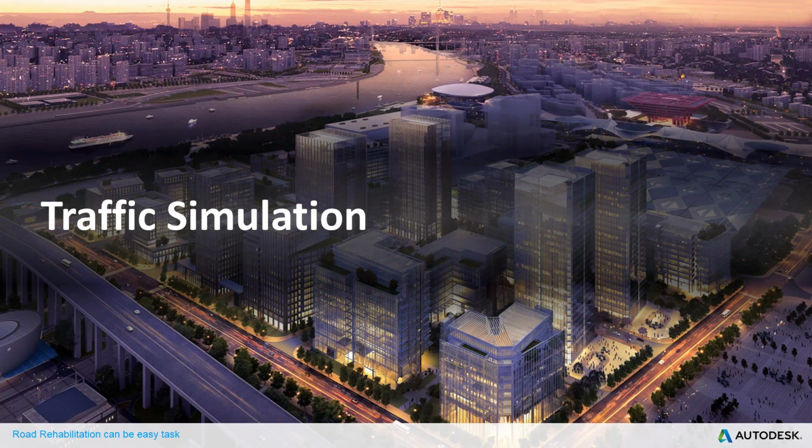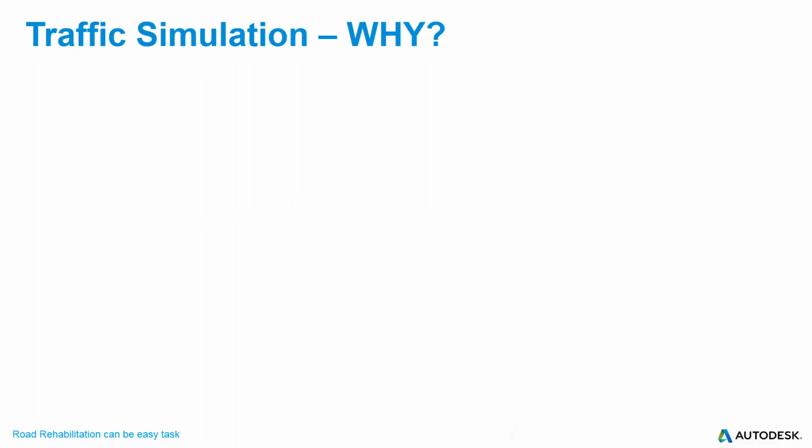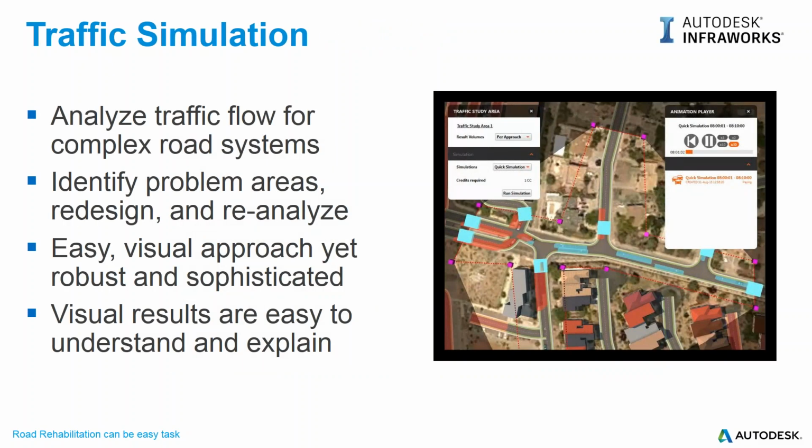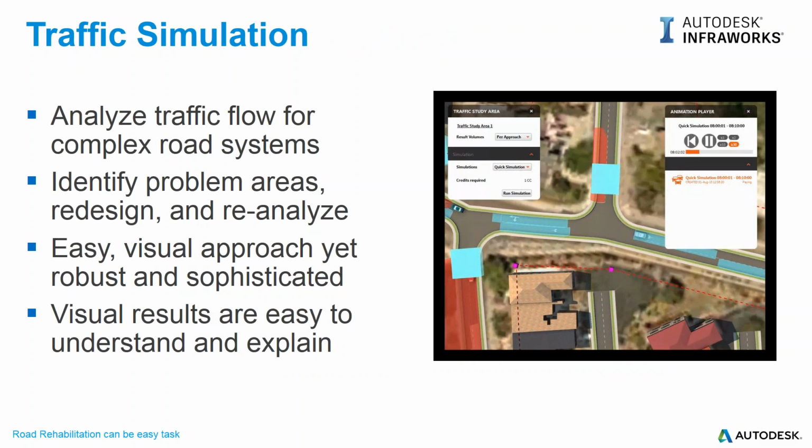And I promised that I will also show you traffic simulation, what we can do in fact in InfraWorks. Why traffic simulation? Because if you are making road rehabilitation, you have to close the road or close the lane, and then obviously there can be a lot of angry drivers stuck in the traffic jam. So what we can do in InfraWorks, in fact, is a traffic simulation where we can analyze the flow of the complex system.